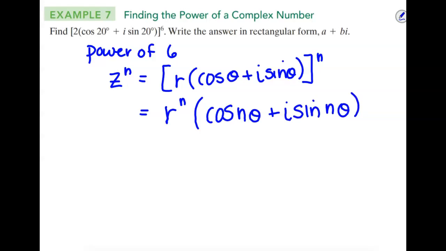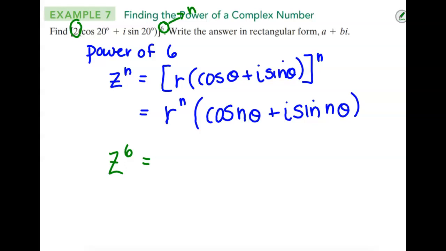All right, so let's go ahead and do this question. Notice our power is 6. So if we say z to the 6th power, that's going to be our n. Our number 2 here is our radius.